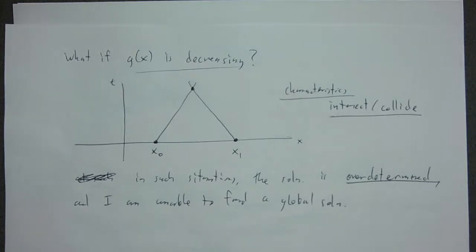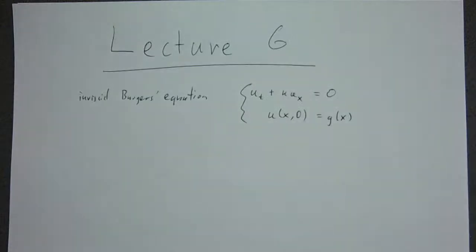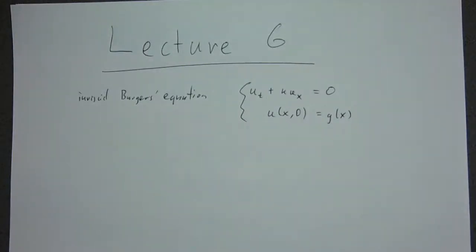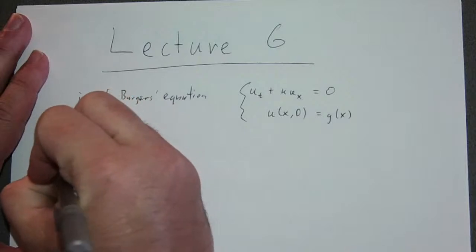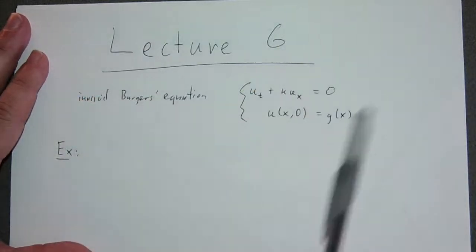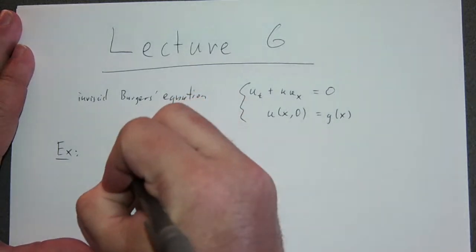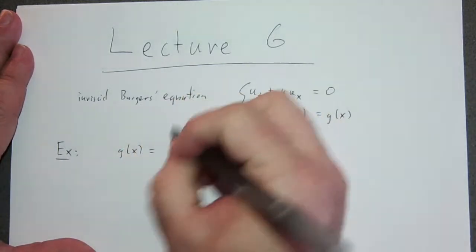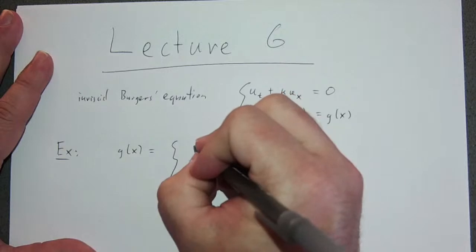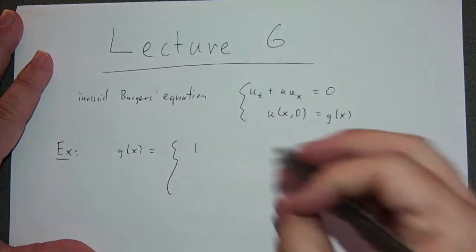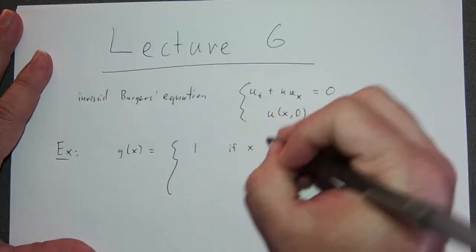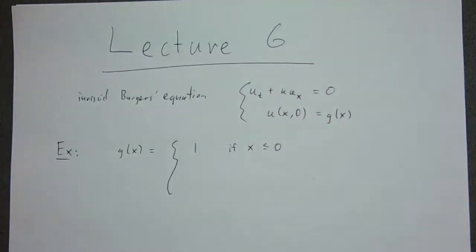So let's go back and do a specific example for a specific g to show what's actually going on here. Let's do an example of the inviscid Burgers' equation where g of x is 1 if x is less than or equal to 0.